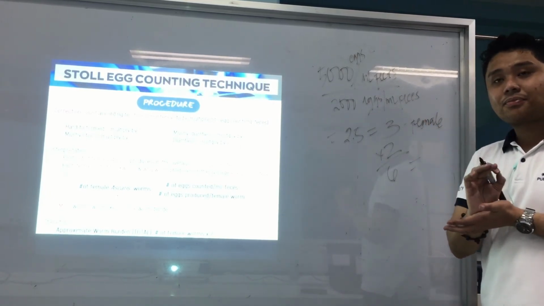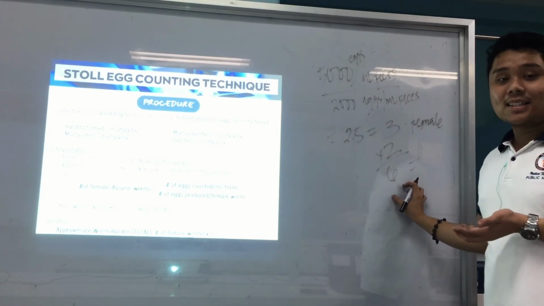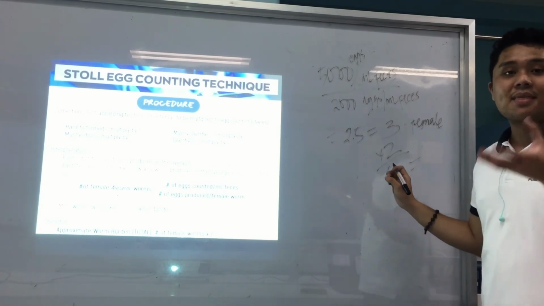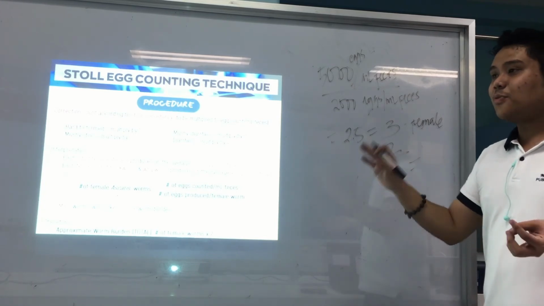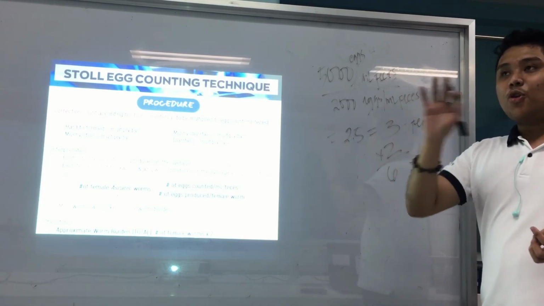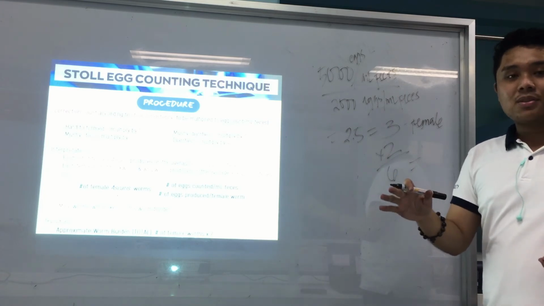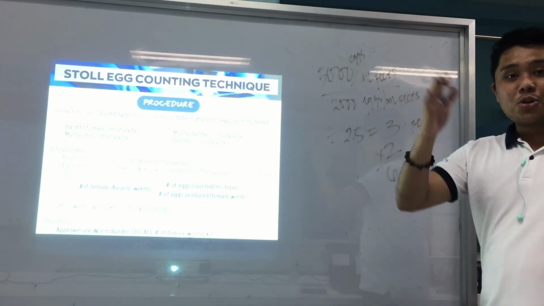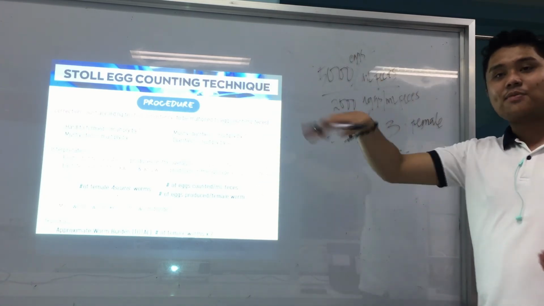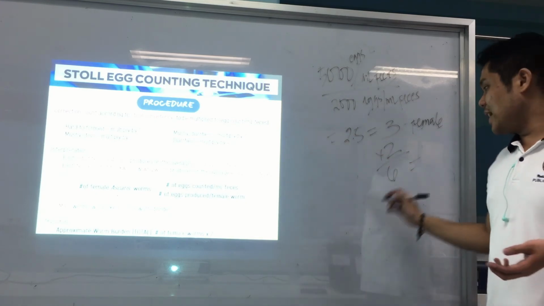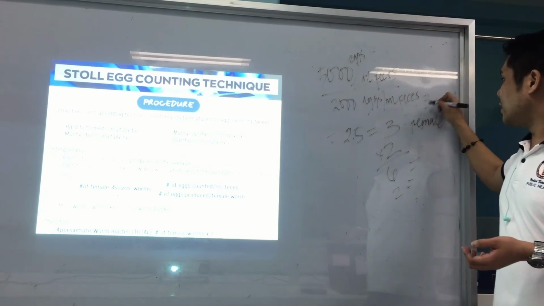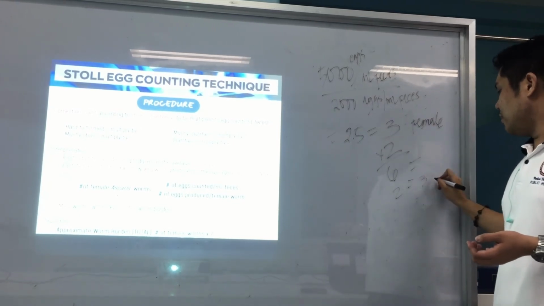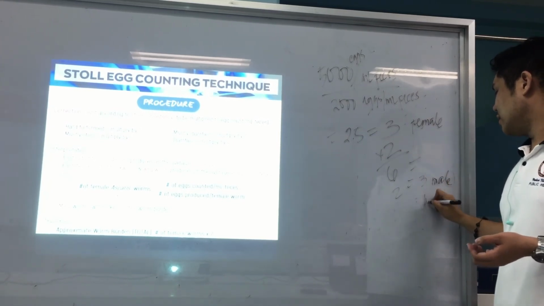Because one half of the total is composed of the male worms. So half of 6 is also 3, meaning 3 male worms are also found.